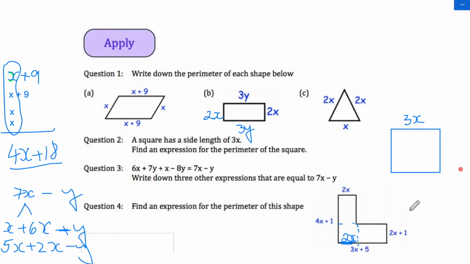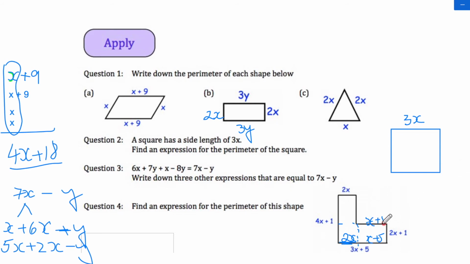Okay, so the way you find the missing side, if this is 2x and you know the whole thing is 3x plus 5, it means if we take away 2x from here, this can only be x plus 5. It means this is also x plus 5.